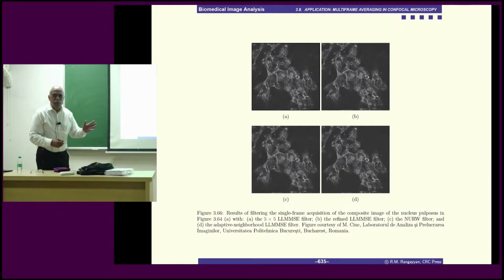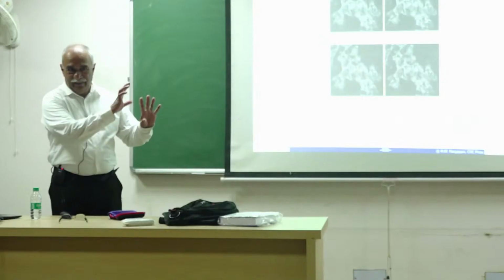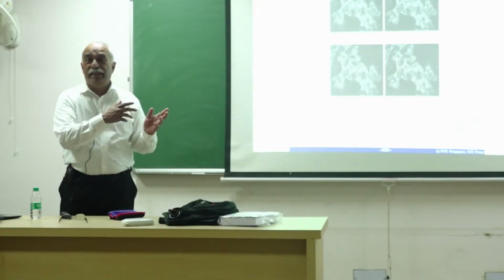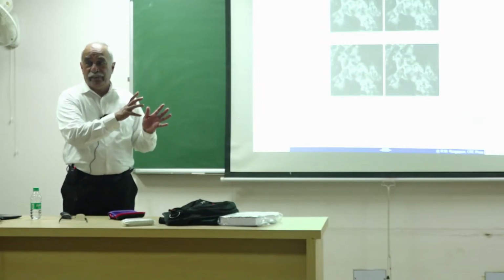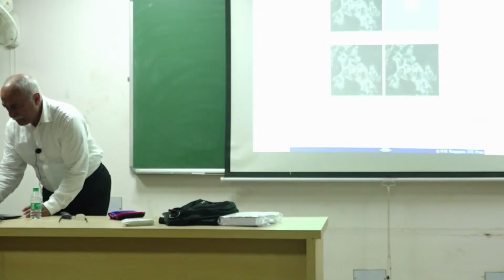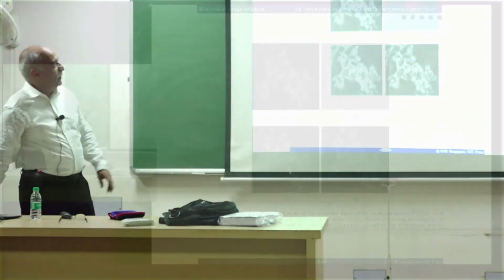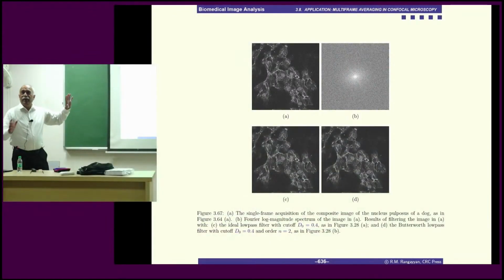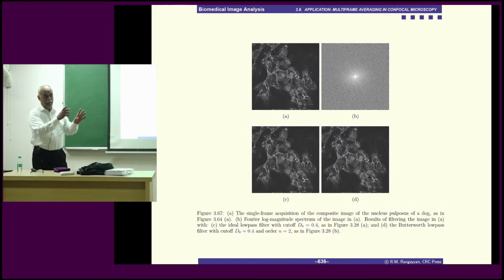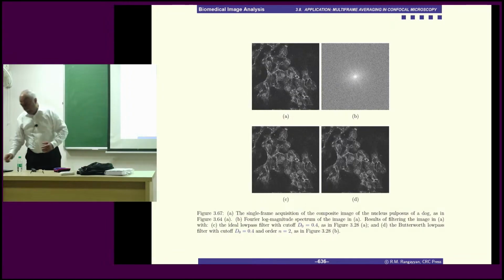It's hard to compare, and we cannot compute any RMS error here because we don't have an original. We did some Fourier domain filtering. This is just to try all the filters we have studied so far, most of them. You could look through them and come up with your own opinion as to which one does a good job and which one doesn't. So I'll stop the comparison here.